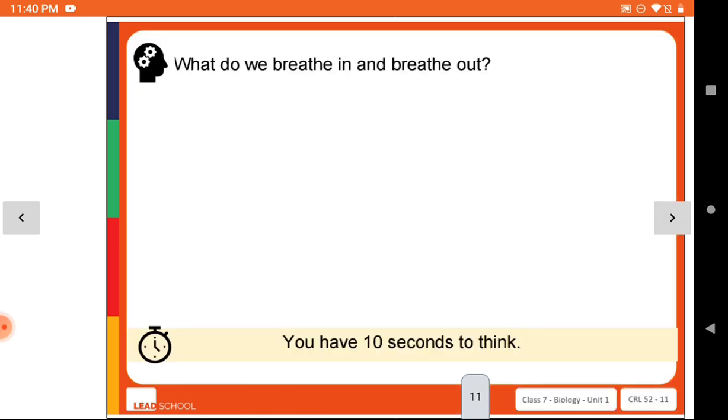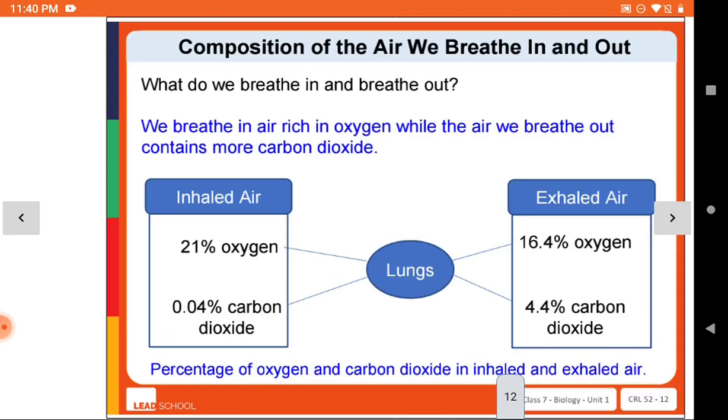So what do we breathe in and breathe out? This is the composition of air we breathe in and out. We breathe in air rich in oxygen, and the air we breathe out contains more carbon dioxide. These are two different airs, inhaled air and exhaled air.